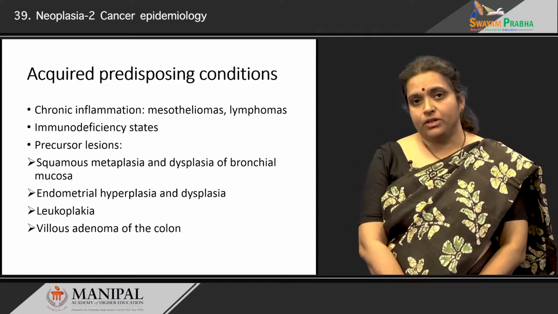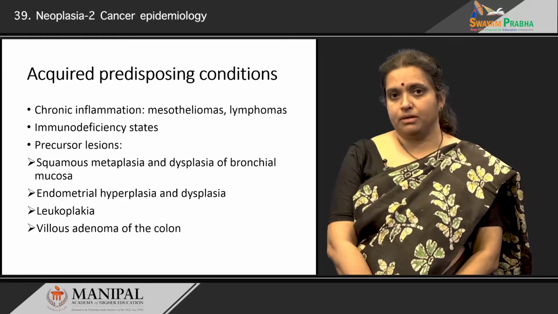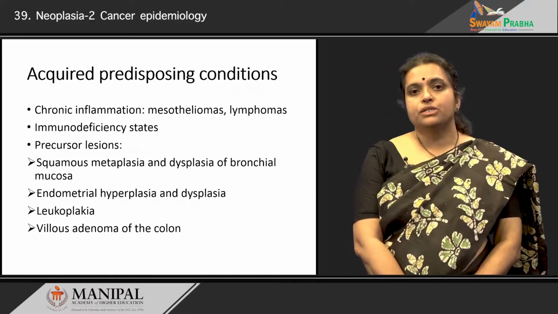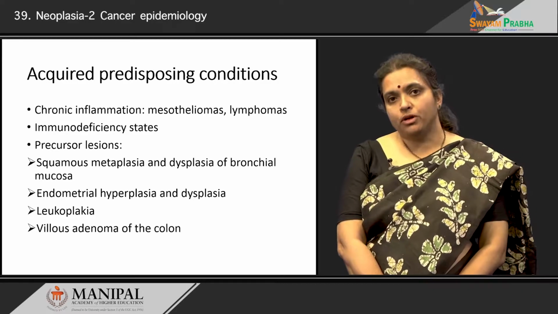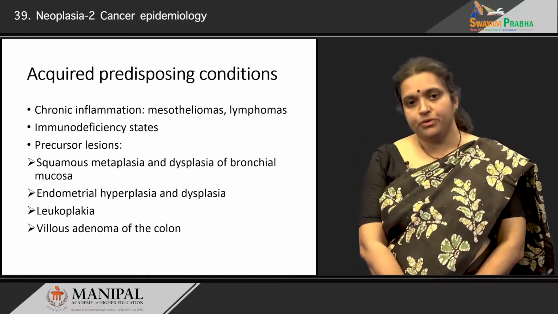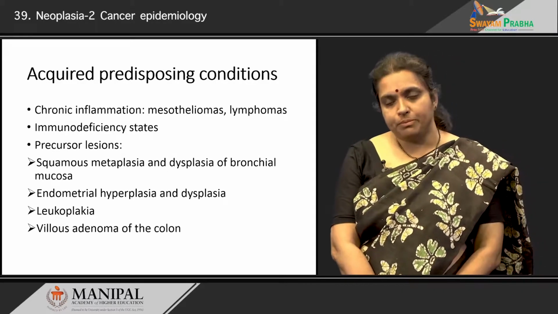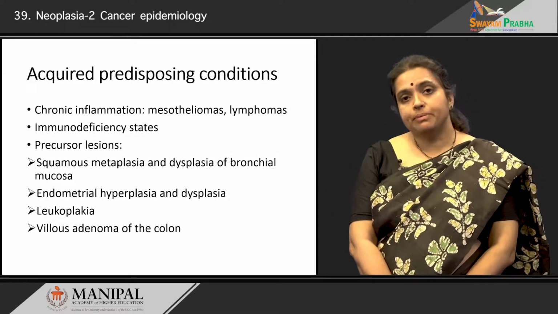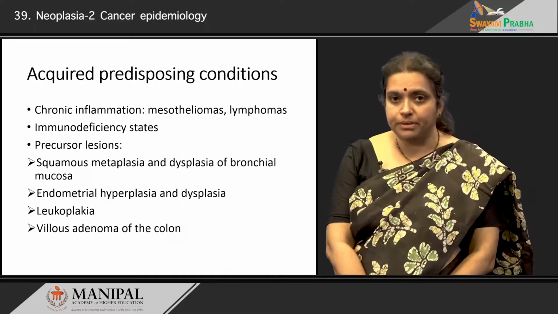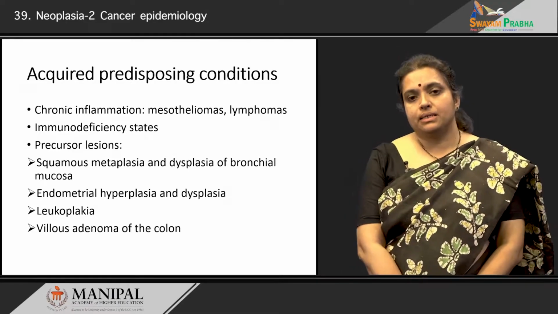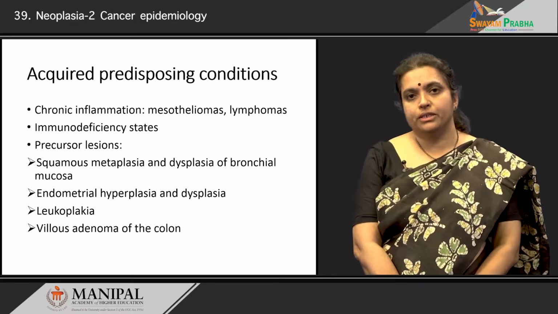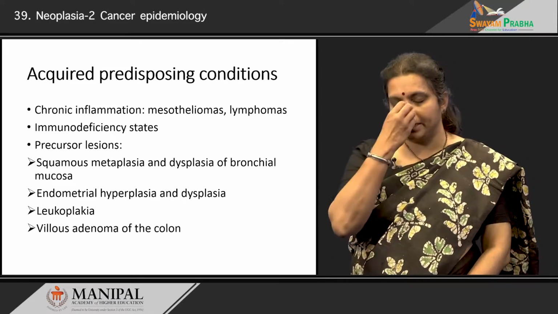Immunodeficiency states: we already talked about how a lessening immune status can lead to cancer. So, you can imagine cancers are more common in people who have immunodeficiencies, such as people who suffer from HIV and so on. Certain precursor lesions can develop into cancer, such as chronic irritation causing squamous metaplasia of the respiratory tract.